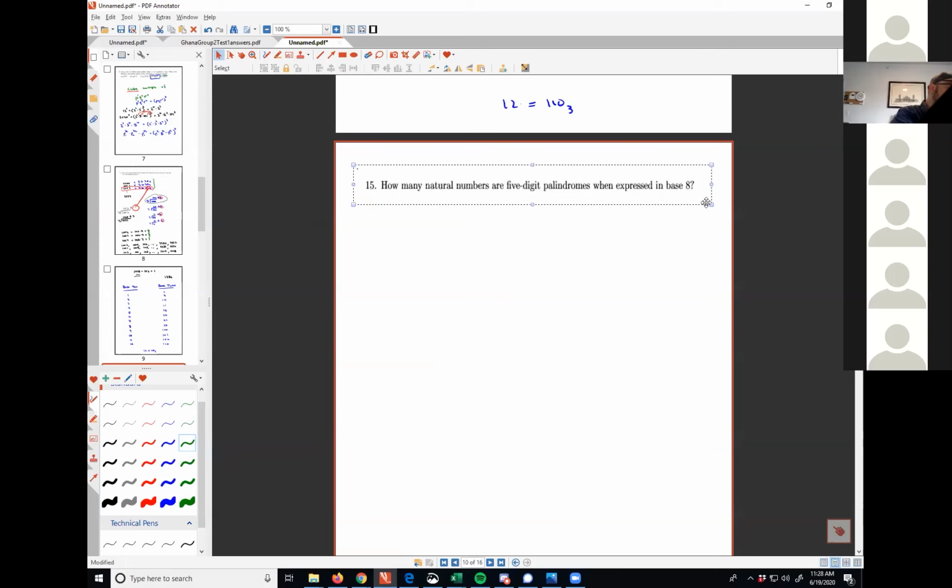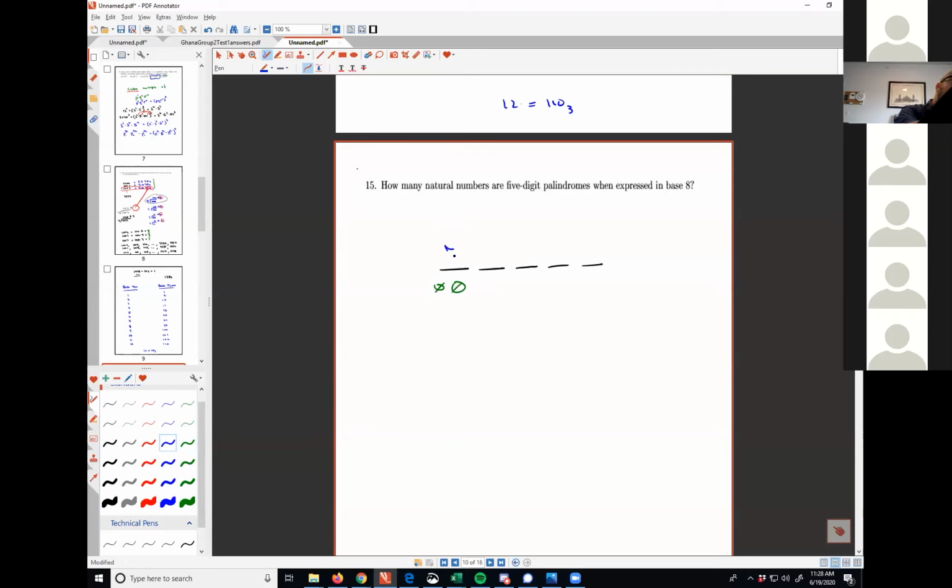So when we ask ourselves, going from left to right, how many ways are there to choose the leftmost digit? How many are there? 8. Be careful. There's a little bit of a caveat here. 7. What was that, Manvendra? 7. 7, right. Because we have an implicit restriction that we can't use 0.